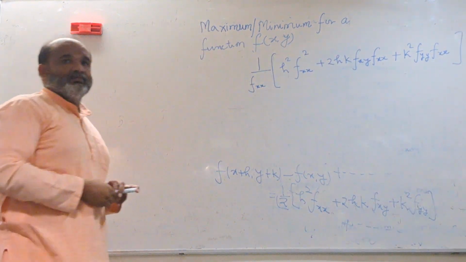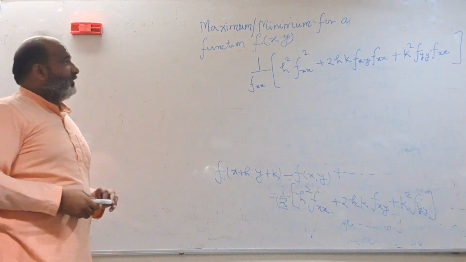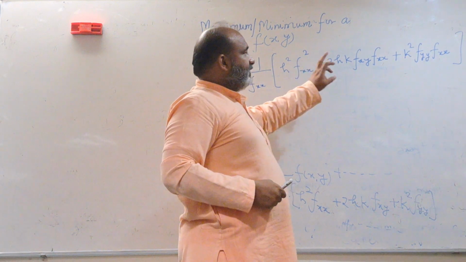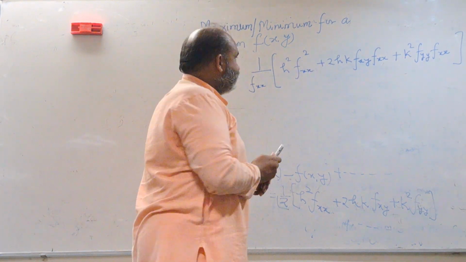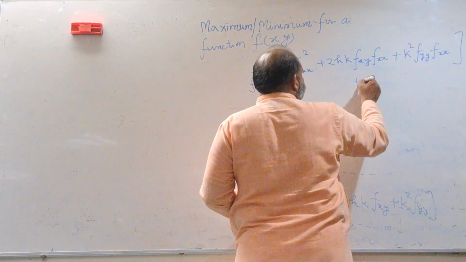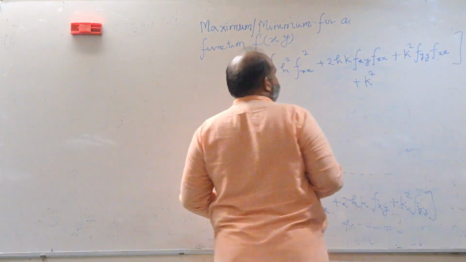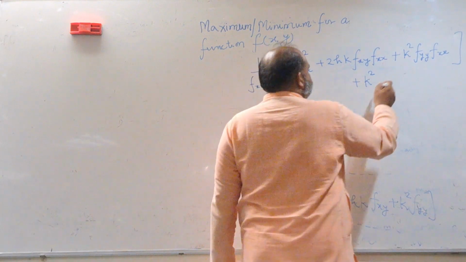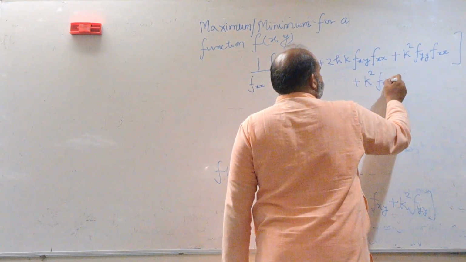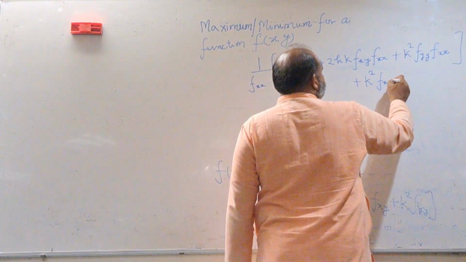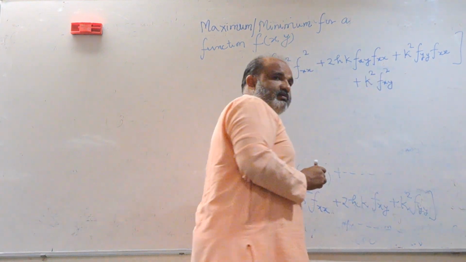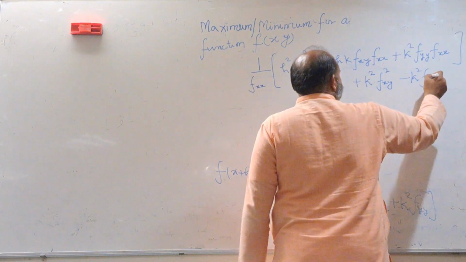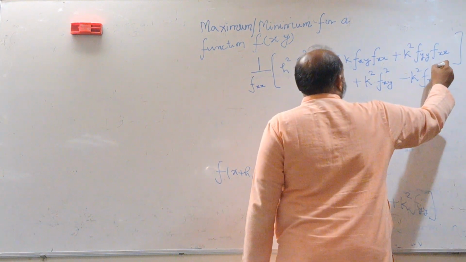Is it okay? Right? Now I add one term and then subtract. Add here plus k square fxy square minus k square fxy square.